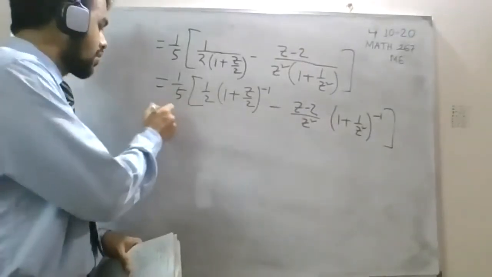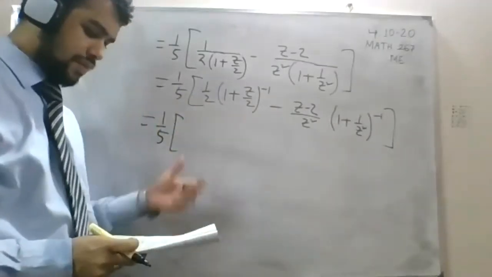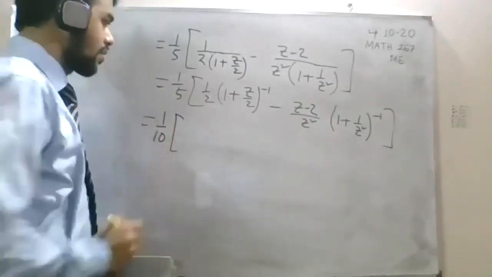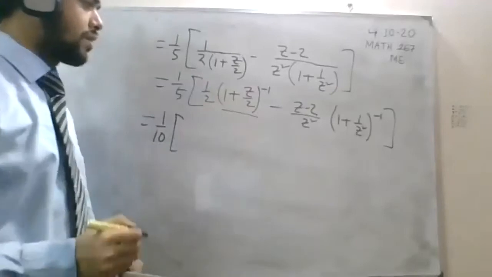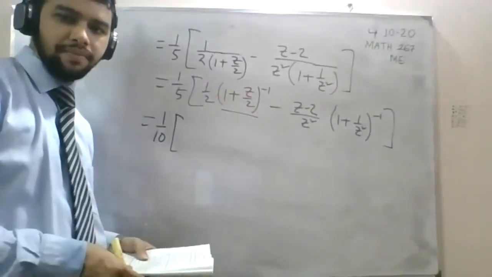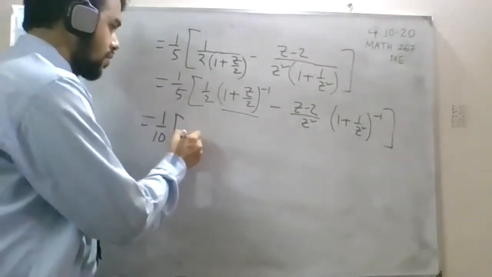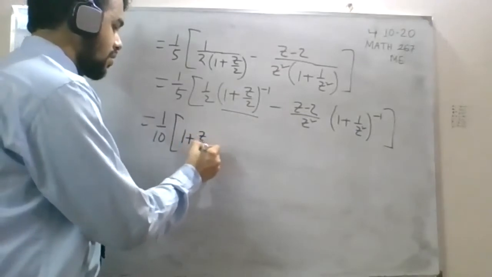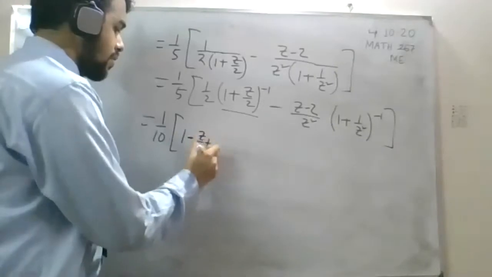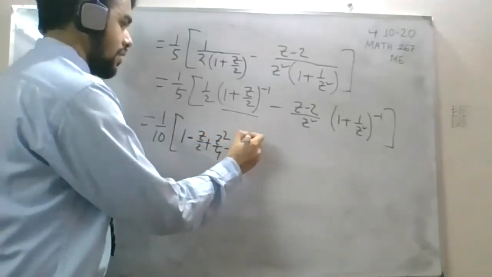So tell me about it. How can you do this? 1 plus z by 2 and this one. Just tell me the formula of this. 1 plus z by 2 square plus z by 2 minus z by 2 cube, this is minus plus, then z square plus z by 2. Okay.